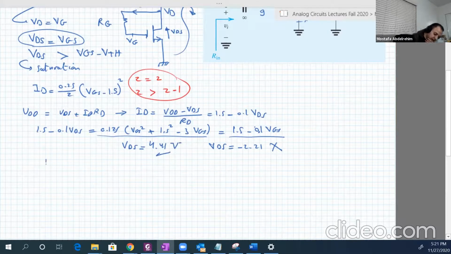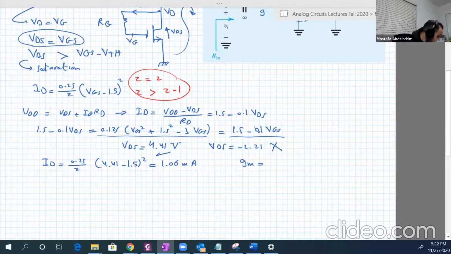We can calculate the current now. ID is equal to 0.25 over 2, times 4.41 minus 1.5, squared. This will give us 1.6 milliamperes. We can also calculate gm. gm is equal to Kn times VGS minus V threshold.